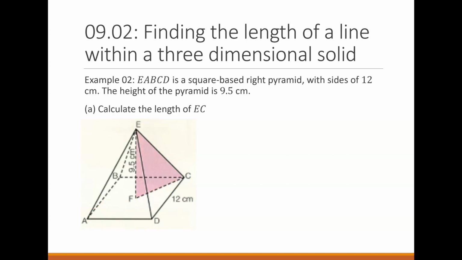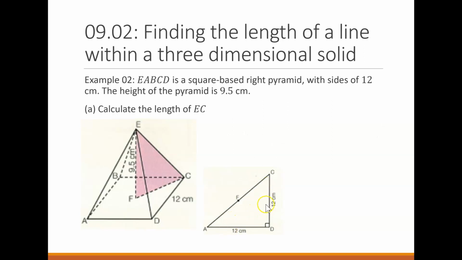I mean, it looks like it, but how do I know it? Yeah, the point F, if this is a right square-based pyramid, we know that this is a right angle, so F has got to be directly in the center of the square. All the diagonals will bisect there. So that's quite helpful.